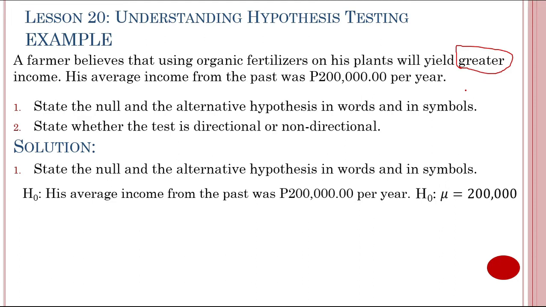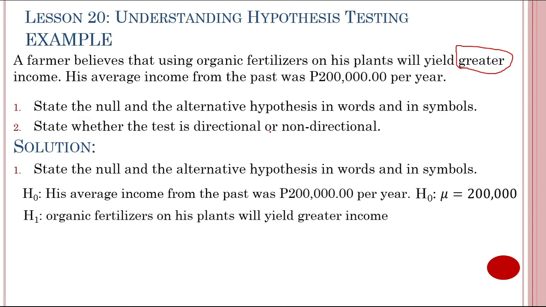So, alam na nating directional siya. Kaya lang, ano tong greater? Ano sinisimbolize niya? Greater than. So, therefore, we can say that organic fertilizers on his plants will yield greater income. So, ang magiging alternative hypothesis ko ay H sub 1, the mean or the average is greater than 200,000. Kuha ba?